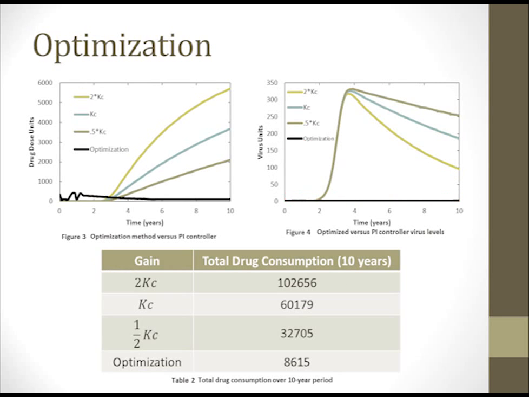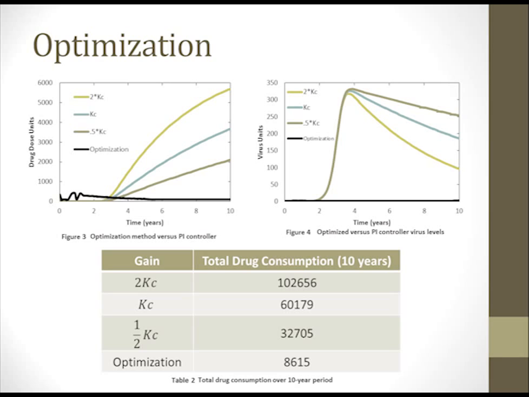So we used an optimization technique to minimize a constraint over the 10 years. We actually did it over 15 years and then chopped it off at 10 years. We decided to minimize the total amount of drug delivery, or the area under this curve, over that time.